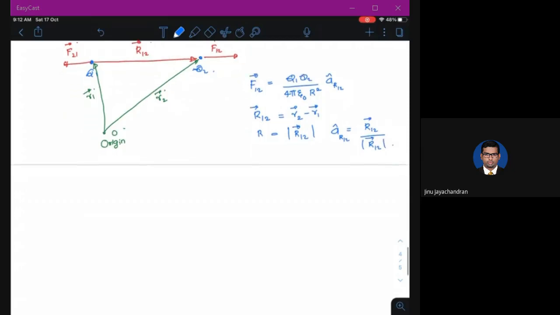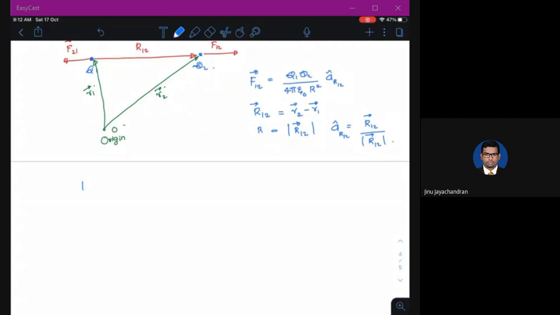Okay, so if you substitute all this here, you can see that the force F12 is equal to Q1 Q2 by 4 pi epsilon 0 into R2 minus R1, which is the vector R12, divided by R2 minus R1, the magnitude whole cube.